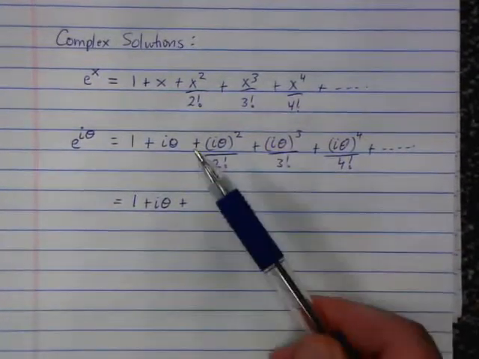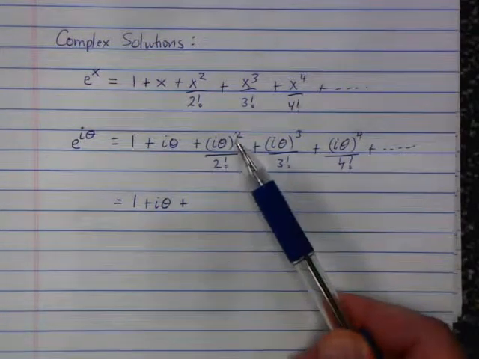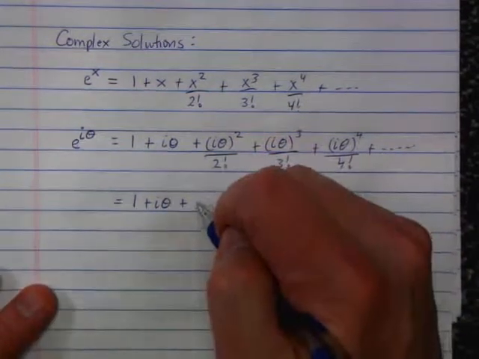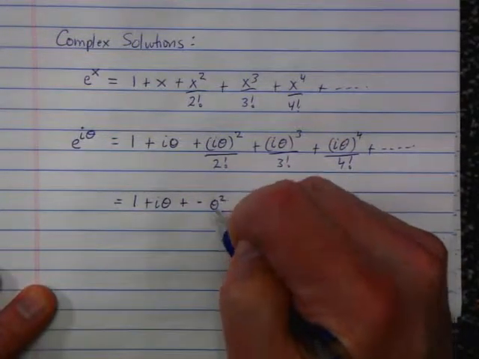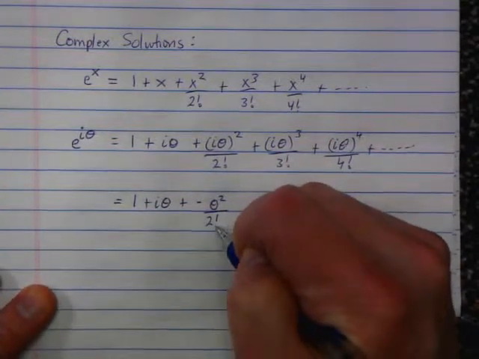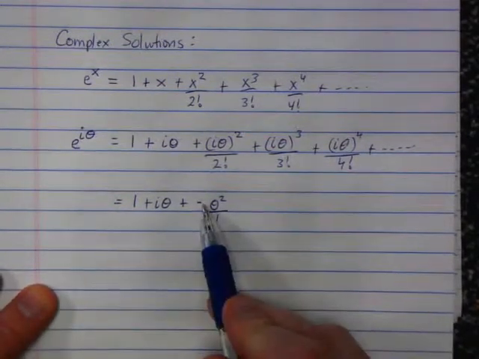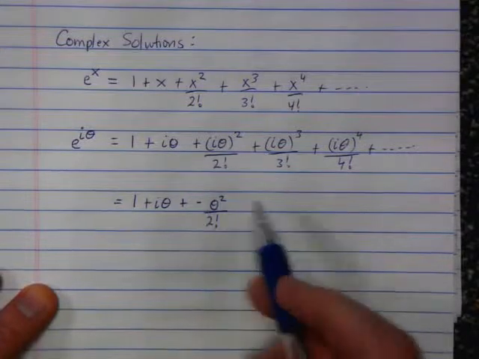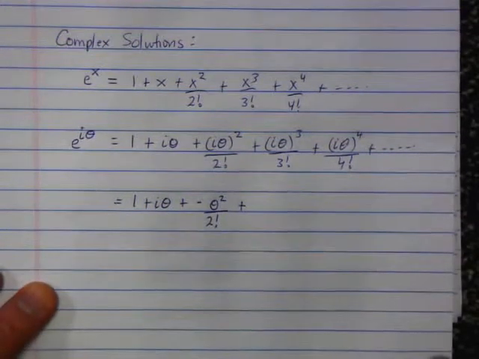Well, that's 1 plus i theta plus. What happens when you take i and you square it? What's i squared? Negative 1. So this one becomes negative theta squared over 2 factorial. But the i is completely gone, isn't it? i squared was just negative 1. Plus, what's i cubed? i cubed is negative i.